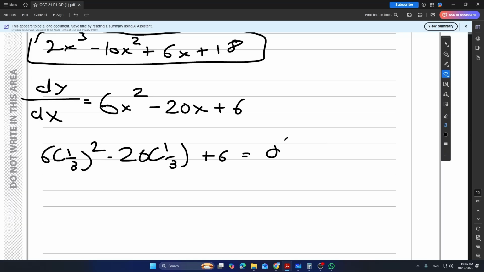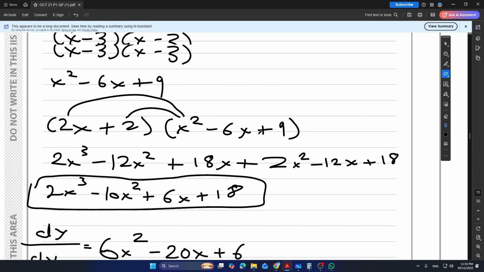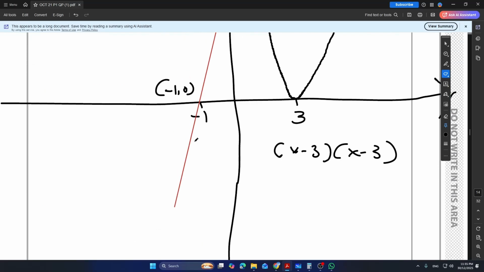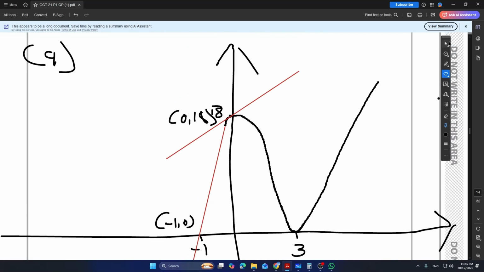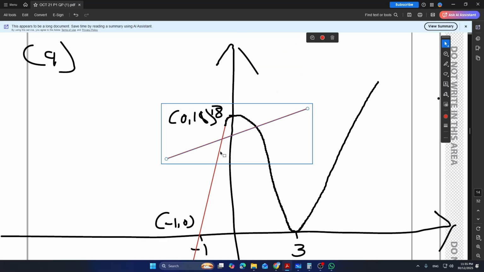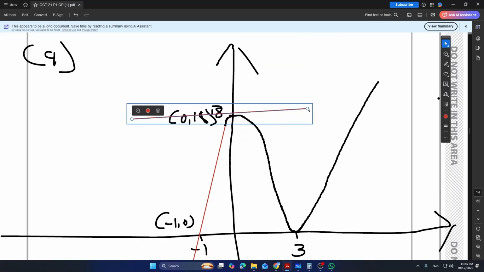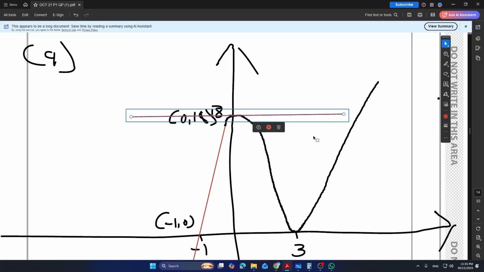So the gradient of the tangent is 0. What does this mean? Our tangent is not going to look like I drew it. It's going to look more like a straight line, meaning there is no slope to it.